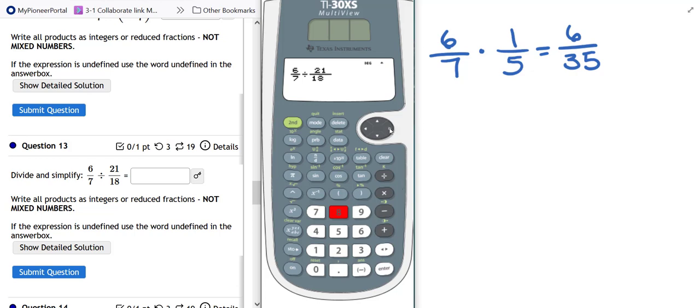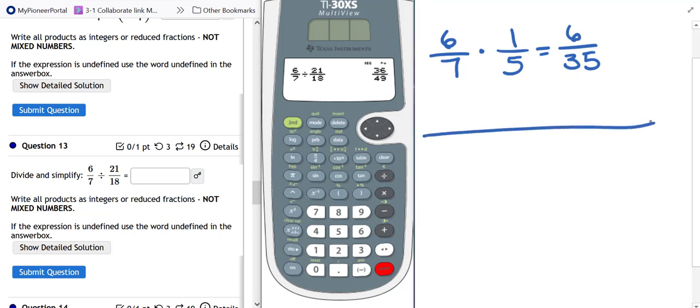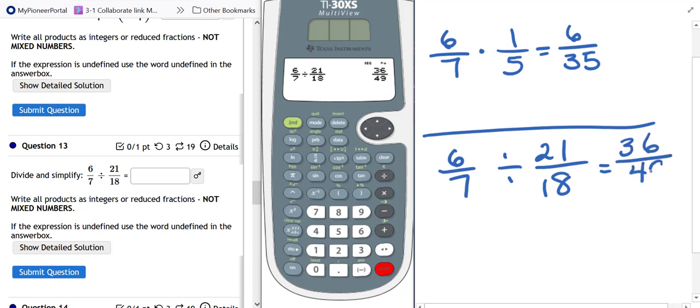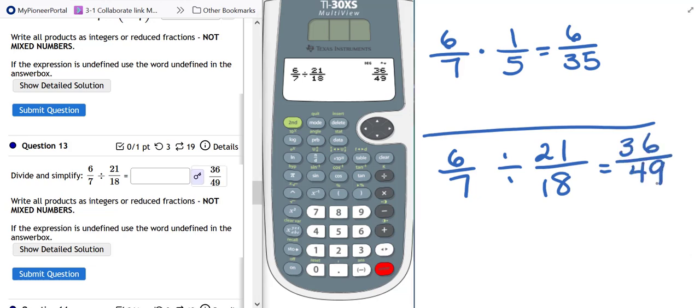Now we have to get out from under that fraction. We're at the end and we hit enter. 36 over 49. I didn't write that problem for you guys. I should have. So we were doing 6/7 divided by 21 over 18. And it gives us 36 over 49. And we'll just check. Good.